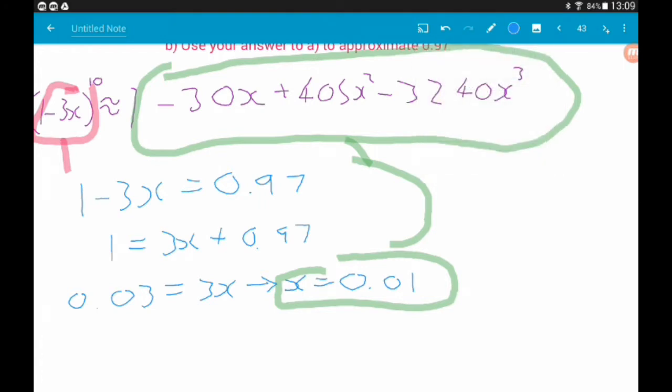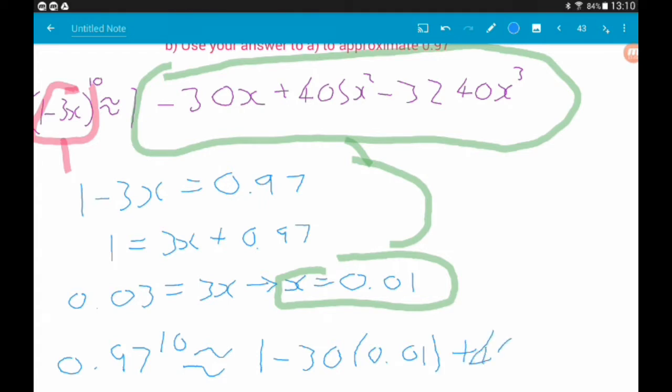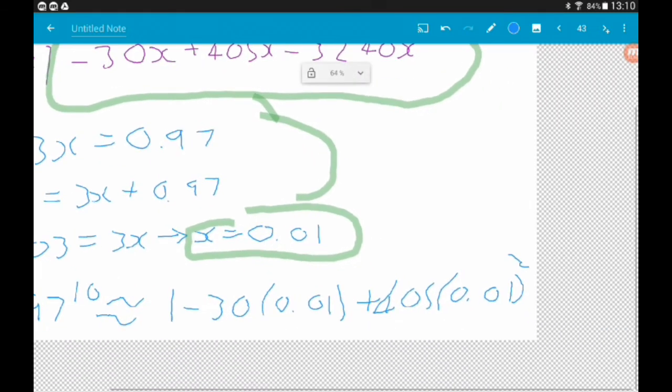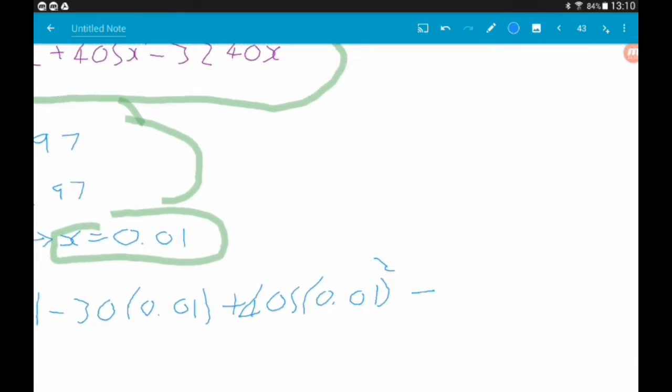So we are going to get 0.97 to the 10 is approximately equal to 1 minus 30 lots of 0.01 plus 405 lots of 0.01 squared minus 3240 lots of 0.01 cubed.